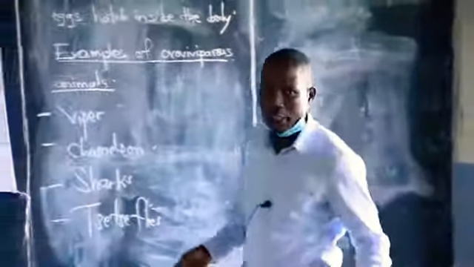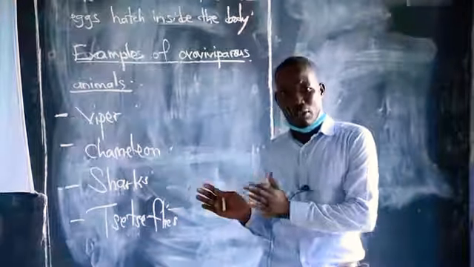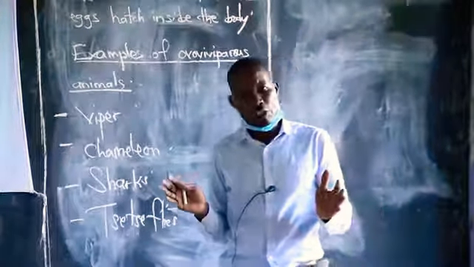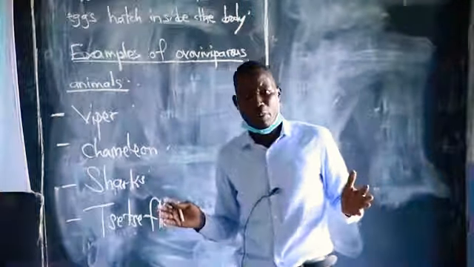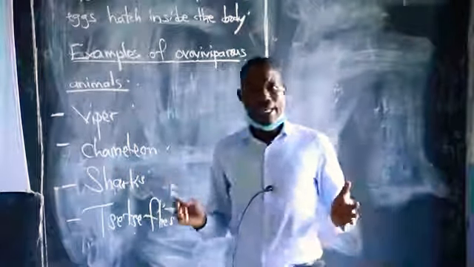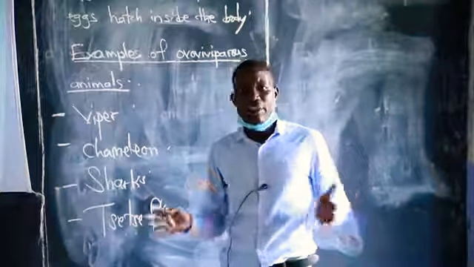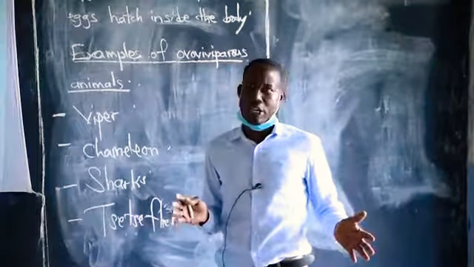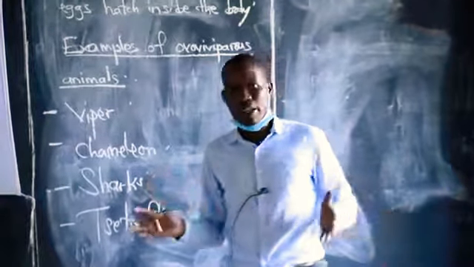Yes, to make it easy, as we close this part of classifying animals basing on reproductive modes, we said that there are majorly three reproductive modes. The first one is viviparous, meaning giving birth to young ones, which is sometimes also called viviparity.